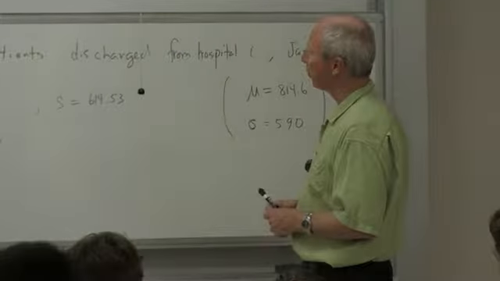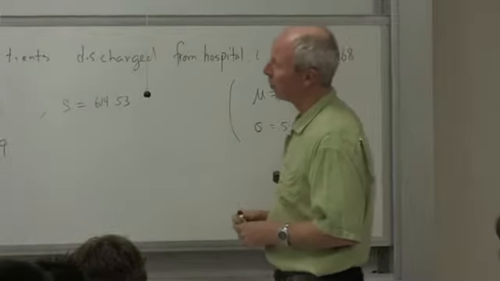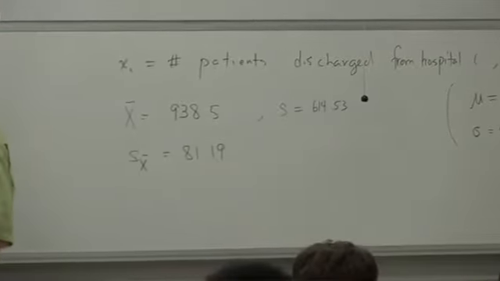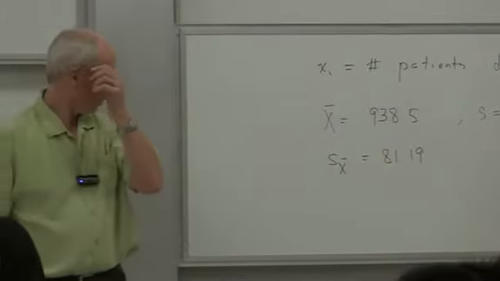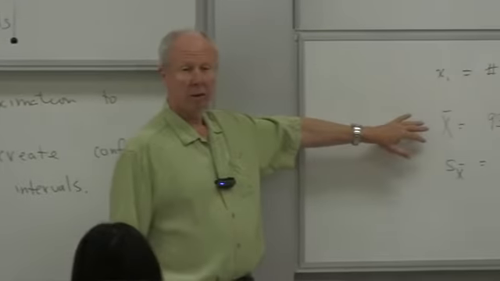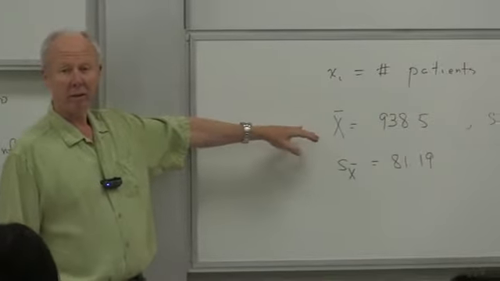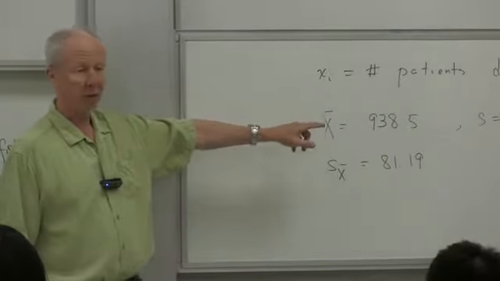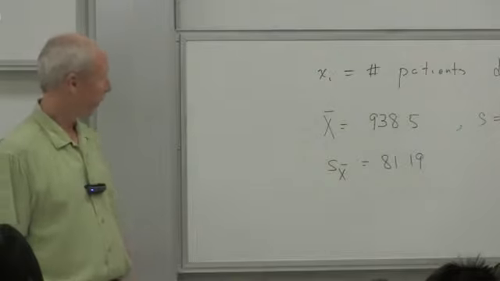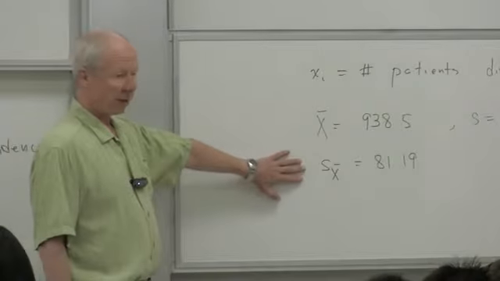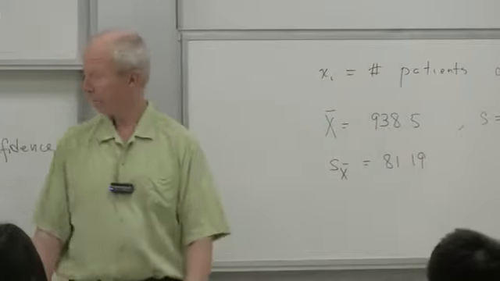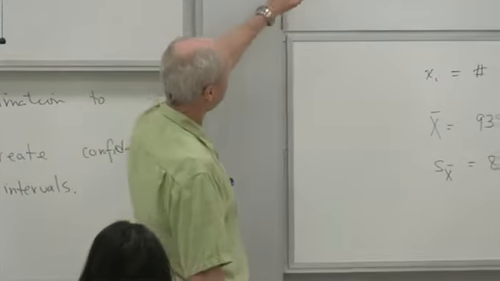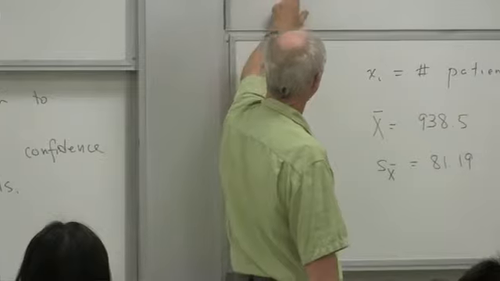A sample of size 50 is collected from 393 hospitals. The average number of patients discharged in January 1968 in those 50 hospitals is 938.5. Okay. S x bar can be computed using the data. S squared is this.